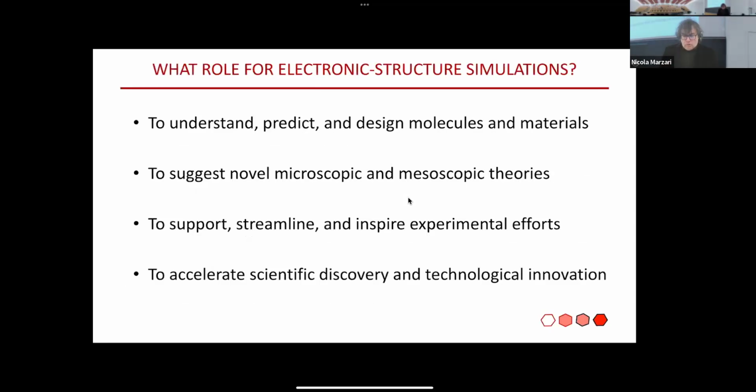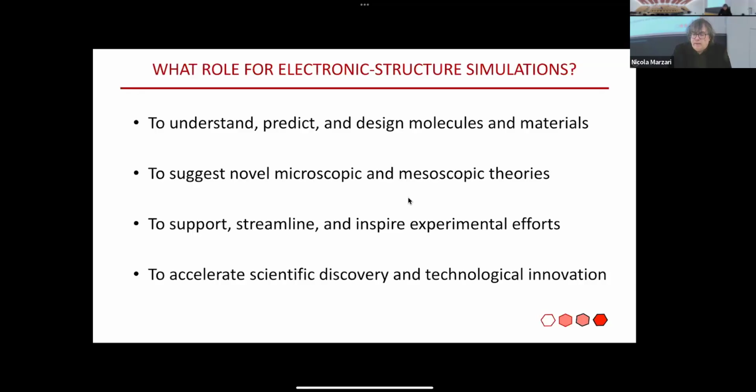Cool. So electronic structure simulation means quantum mechanical simulations. And these are, I think, four driving ideas on why they are relevant. We use them to understand, predict, and design molecules and materials. We will not see it in these classes, but often they force us to develop novel ideas and microscopic and mesoscopic theories.